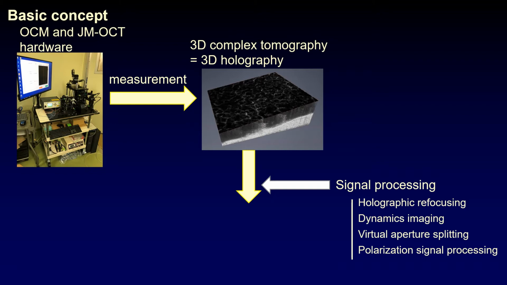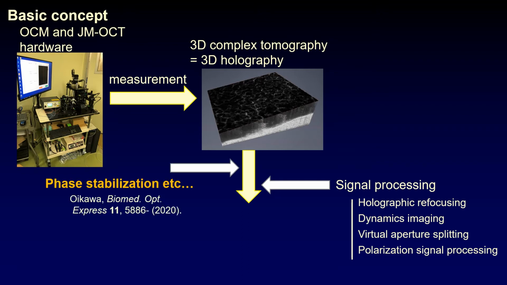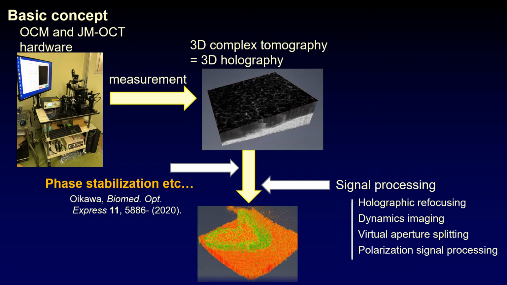But some of the processing requires a highly stabilized phase of the three-dimensional complex tomography, and this high stability of the phase is going to be achieved by a newly developed phase stabilization method. And finally, after applying the signal processing, we are going to have multifunctional OCM images.